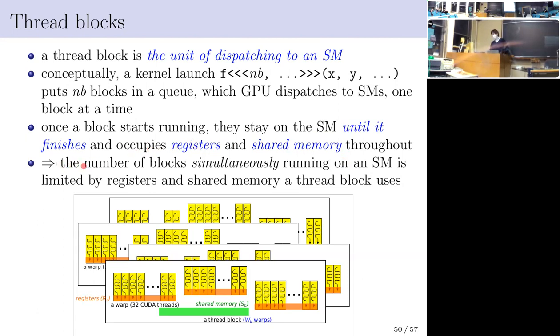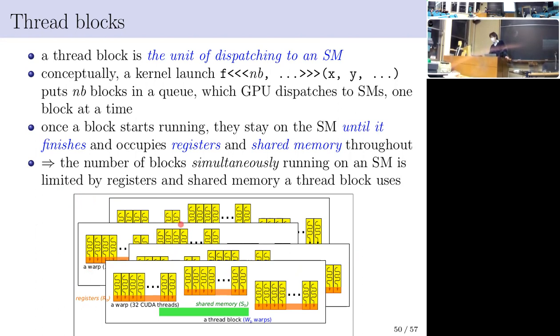So this effectively limits the number of blocks that can simultaneously run on a single streaming multiprocessor, because each streaming multiprocessor has only so many registers and only so much shared memory. If a single block takes some amount of registers and shared memory, and they need to stay on that streaming multiprocessor from the beginning to the end, it obviously limits the number of thread blocks you can have simultaneously on a single streaming multiprocessor.